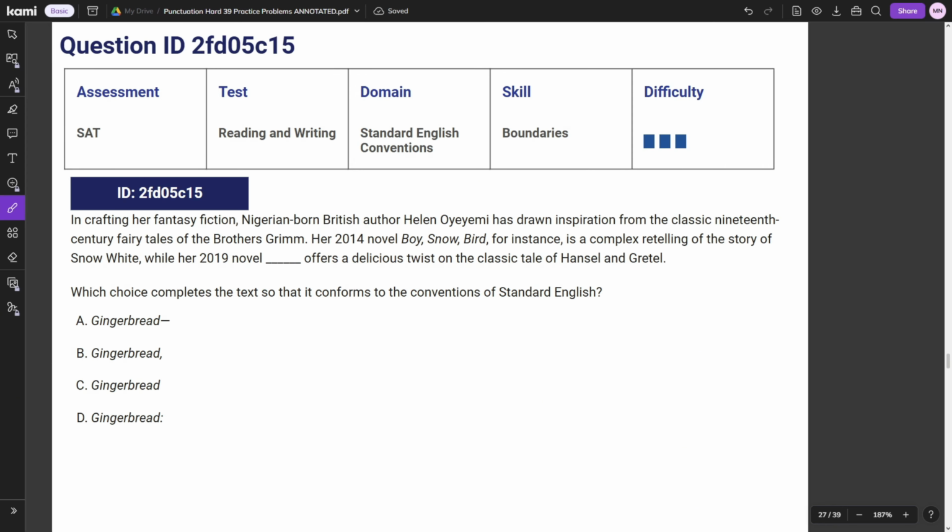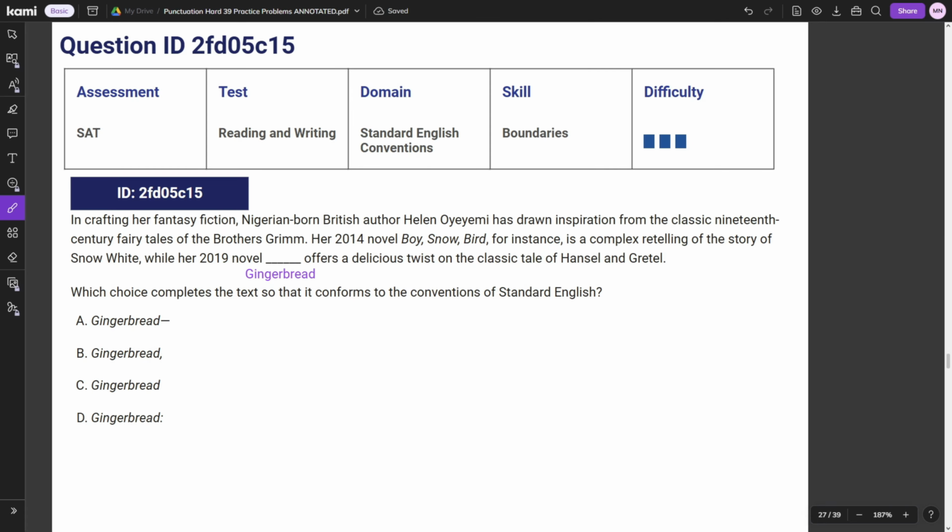Question number 27. Let's look at our answer choices. As I've been saying, whenever you have a colon, period, semicolon, comma, a fanboy, and I guess even these M dashes, because you don't see those that often, they're usually going to be your answer. However, just like last question, there can be exceptions, and this question will also be one of those exceptions.